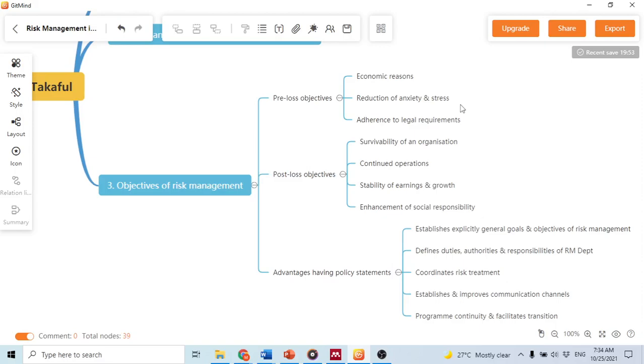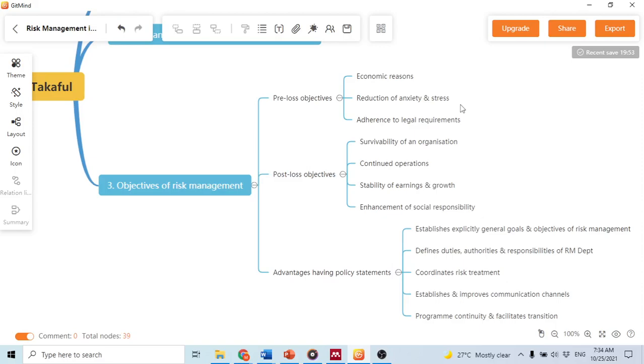So a proactive action by the institution could help to reduce the occurrence of any lawsuits, for example, legal action taken against the institution by its customer or by its employee.